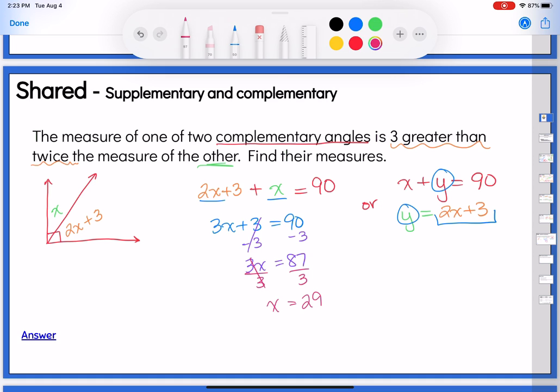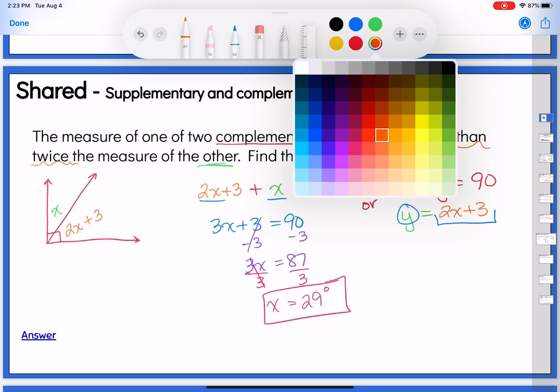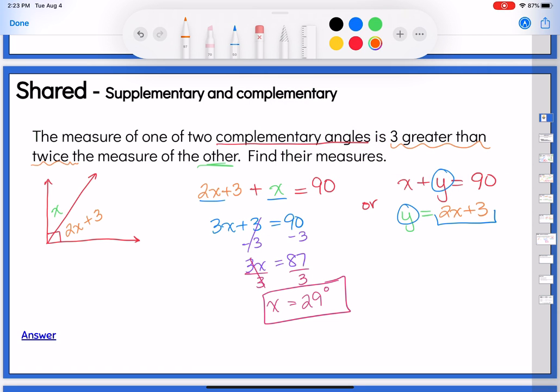All right, so one of the angles was x, so x equals 29 degrees is one of my answers, but that's not the only answer. I also need to figure out what the other one was, and that was 2x plus 3. So 2 times 29 plus 3 would be 58 plus 3, which gives me 61 degrees.